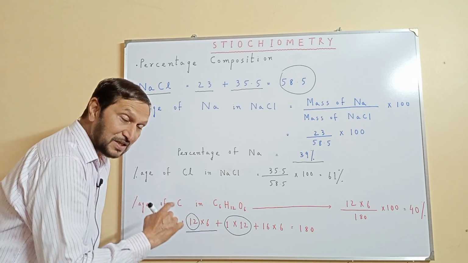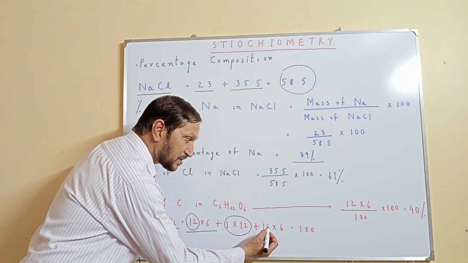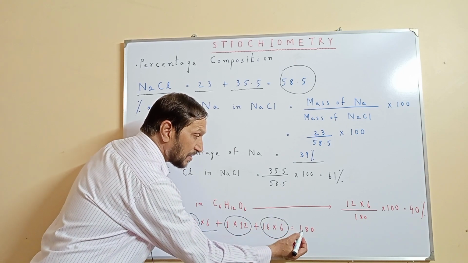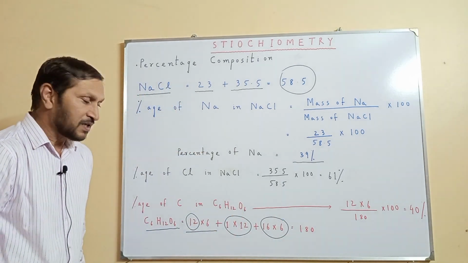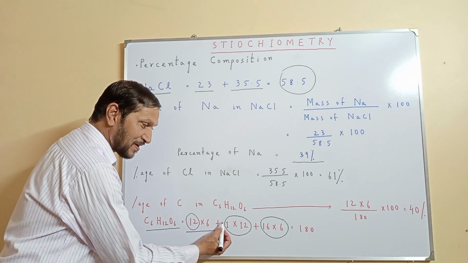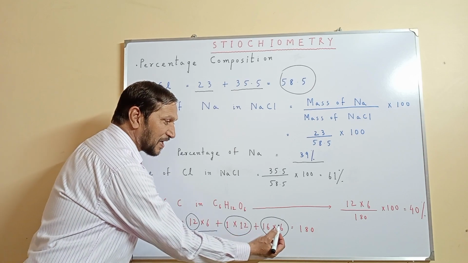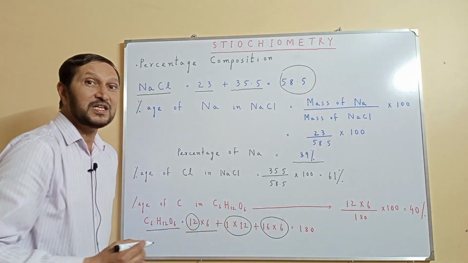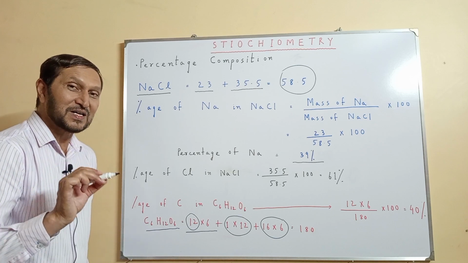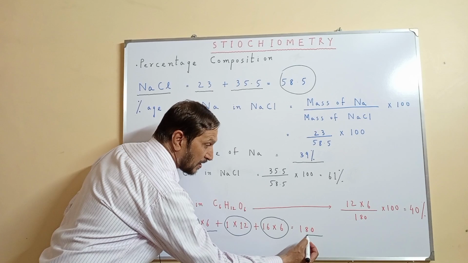So 12 multiplied by 6 plus 1 multiplied by 12 plus 16 multiplied by 6 becomes 180. This is the molar mass or molecular mass of glucose, that is 180.